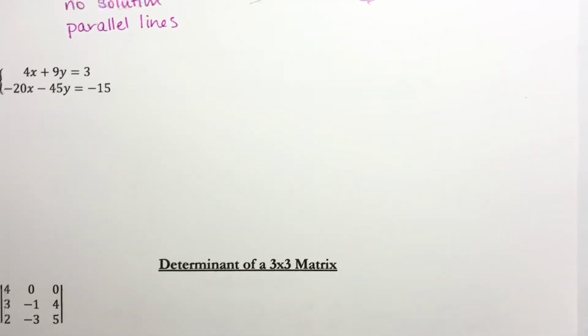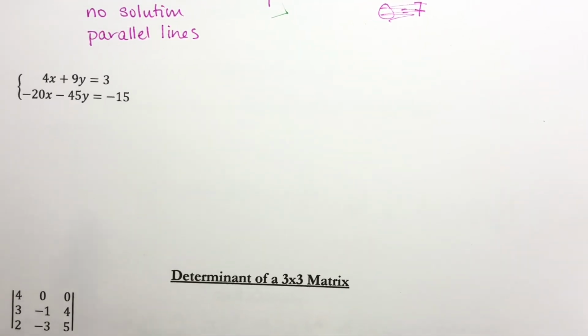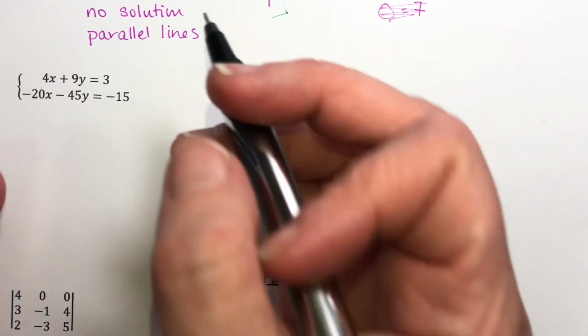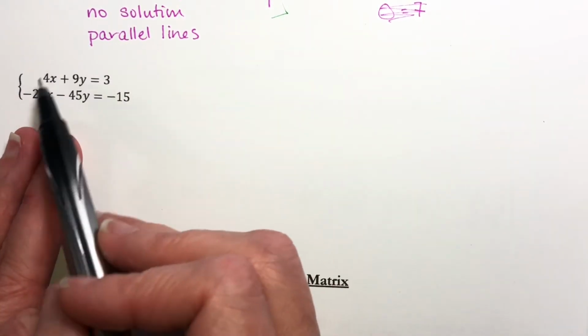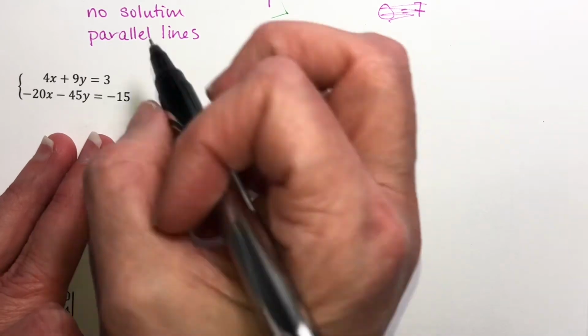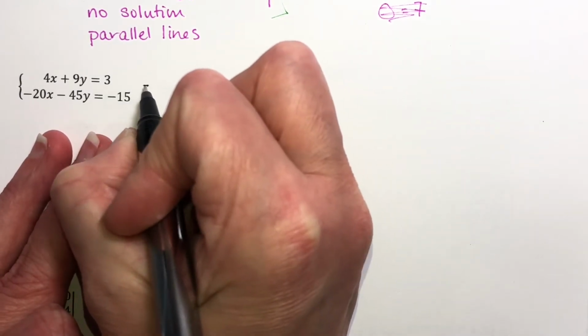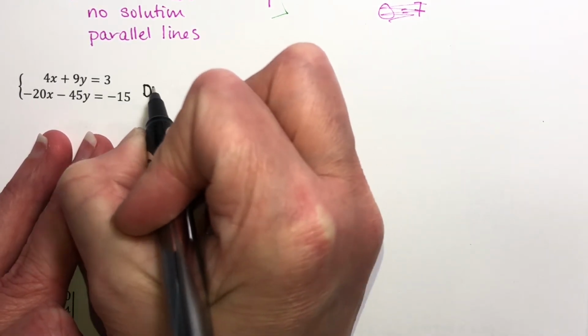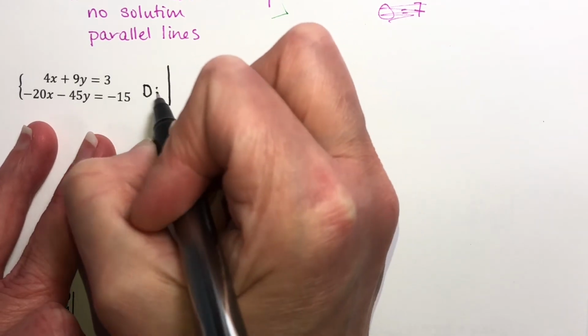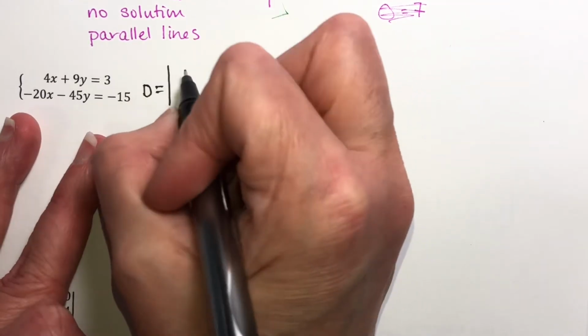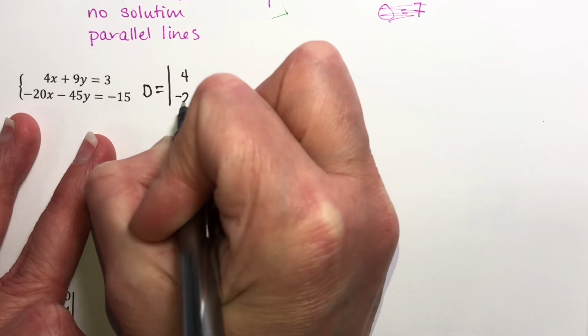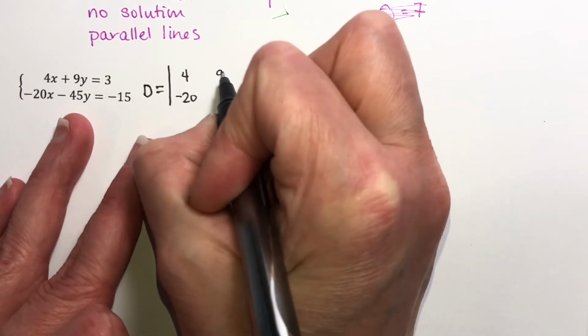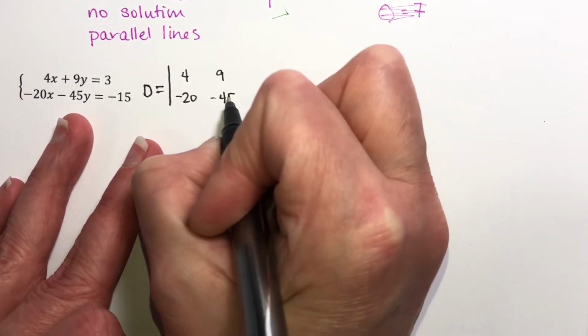Okay, so let's use Cramer's rule for this one. First thing we need to do, everything is in the right order, our x's, then our y's, and then our constants. So I'm going to find D, and that would be 4, -20, 9, negative 45.